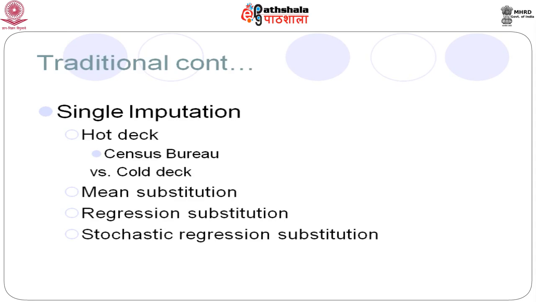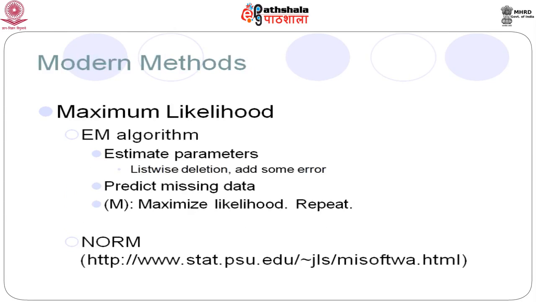Rather, the modern technique is multiple imputation, where you are able to get almost the same inference had there been the complete data set available. Single imputation techniques include hot deck, then cold deck, then mean substitution, regression substitution, stochastic regression substitution, etc.